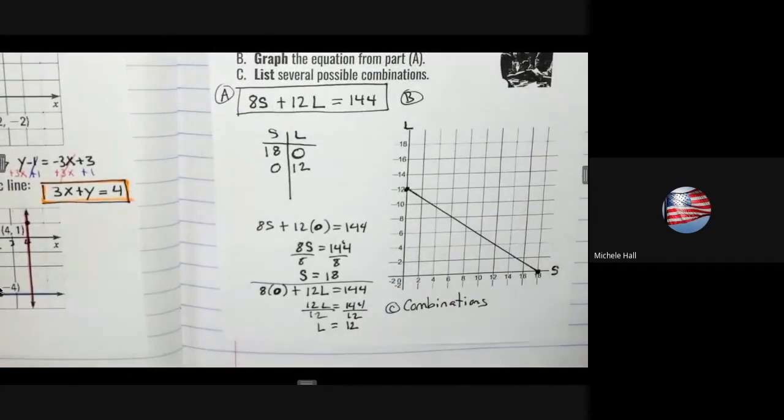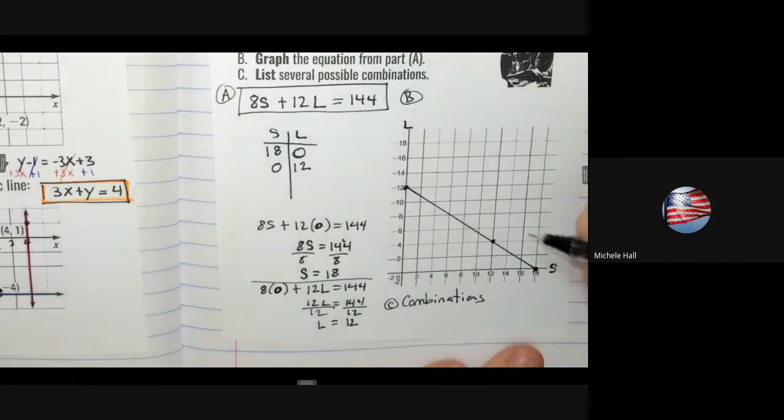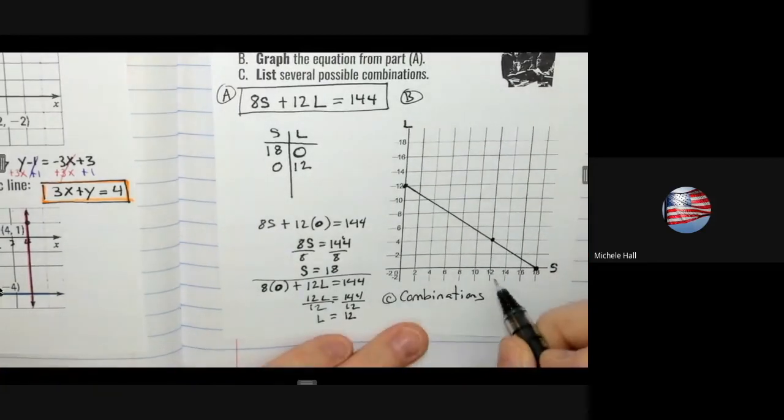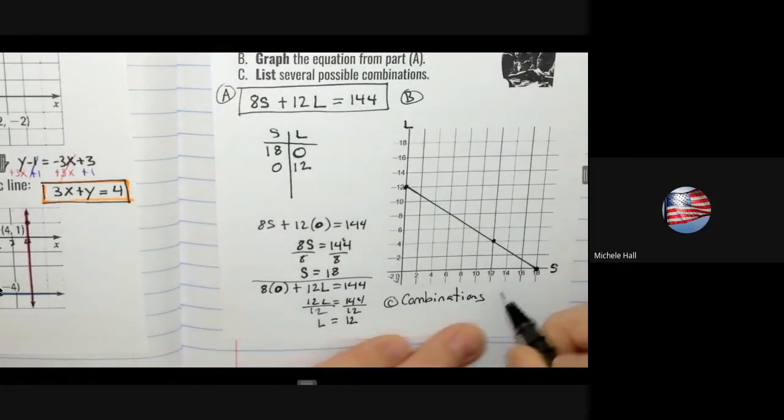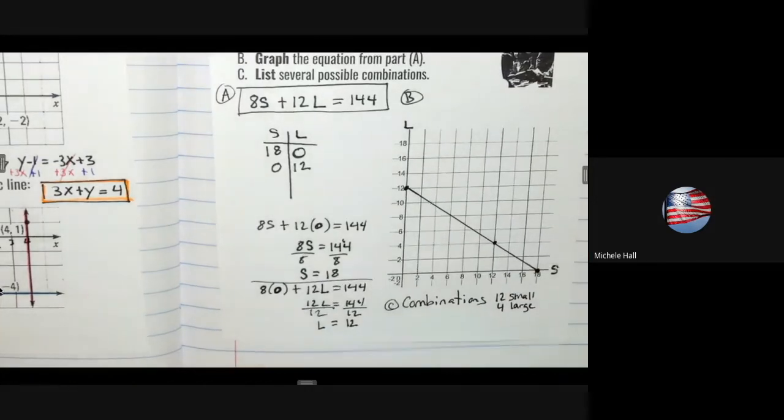So I'm looking for exact combinations. If I look at this line, I see here's a quarter of a box. That means that we could have 12 small vans and 4 large. Are there any other combinations?